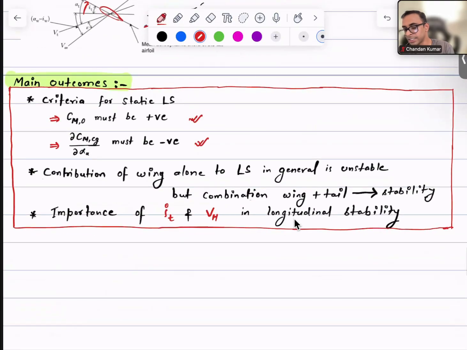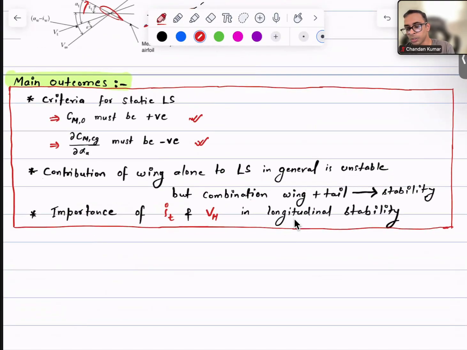We also saw that the contribution of the wing alone to longitudinal stability is in general unstable and destabilizing, but the combination of wing and tail is what makes the airplane longitudinally stable. We also saw that there is a significant importance of the tail incidence angle and the tail volume ratio that contribute to longitudinal stability.